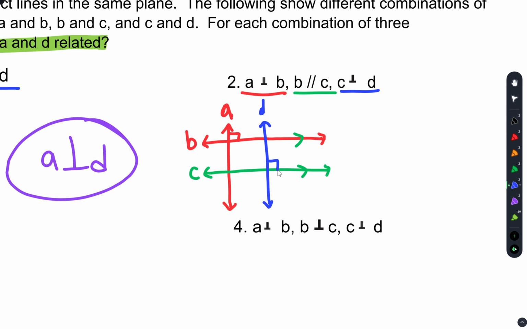You got a 50-50 shot. It's 50-50. Which one is it, Casper? Yeah, they're parallel. Look at them. They're side by side like that. They're not crossing. They're parallel. A parallel to D.